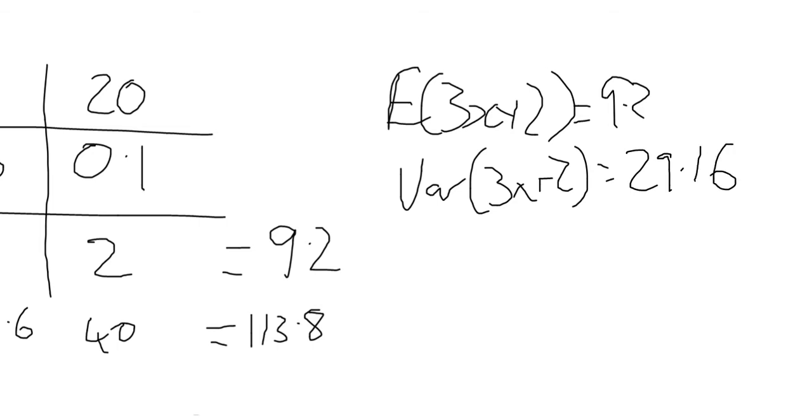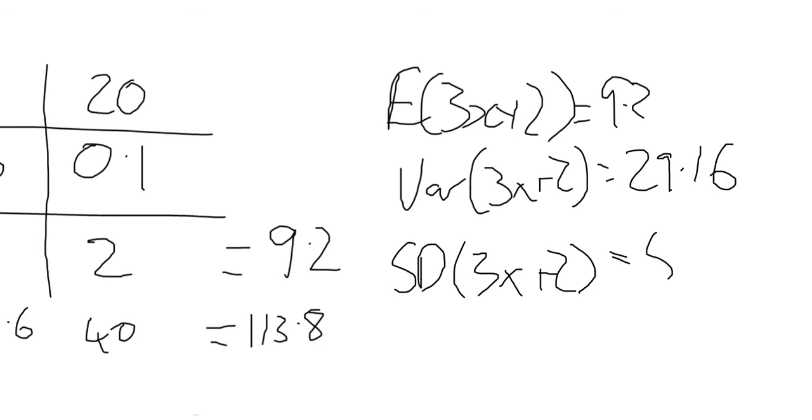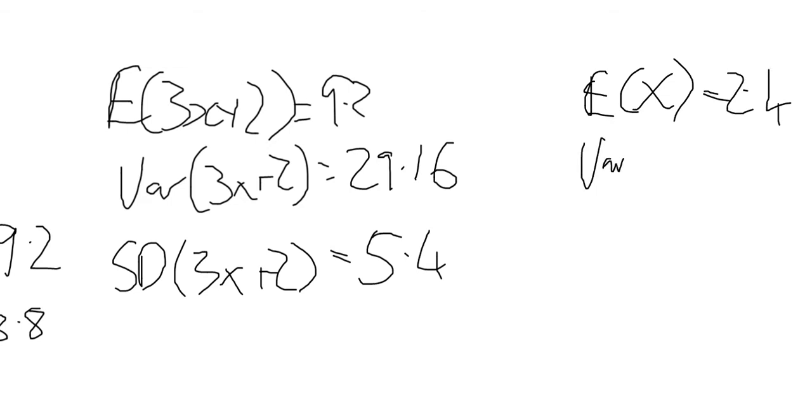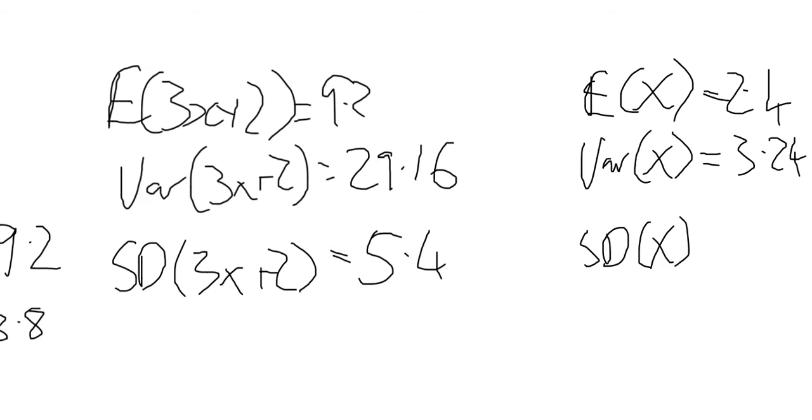And our standard deviation is equal to 5.4. Now if we compare that to what we had initially, we had 2.4, the variance of x equals 3.24, and the standard deviation of x is equal to 1.8.